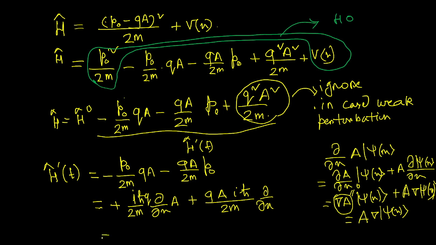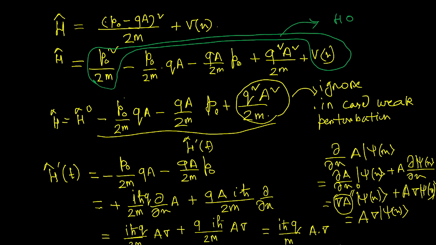So i h that will be A del, and this is also A del. So in total, i h Q by M A del. So this is the expression of your perturbative Hamiltonian.